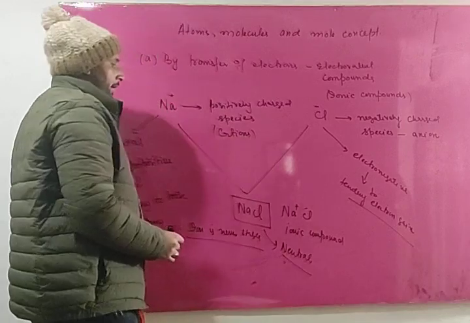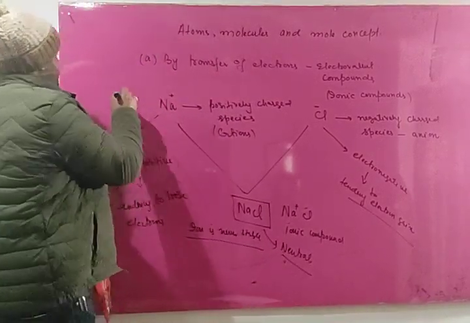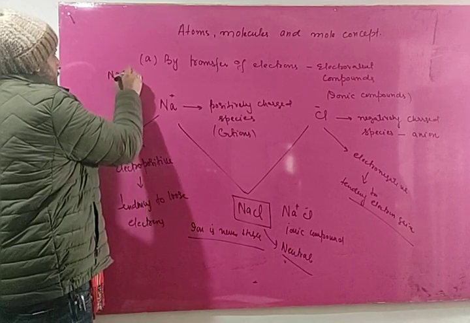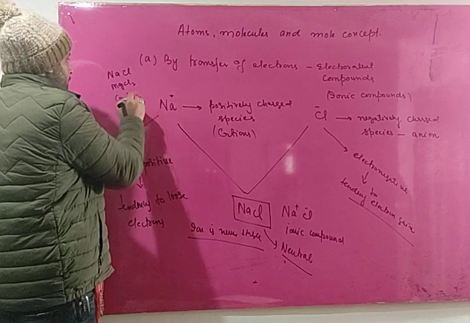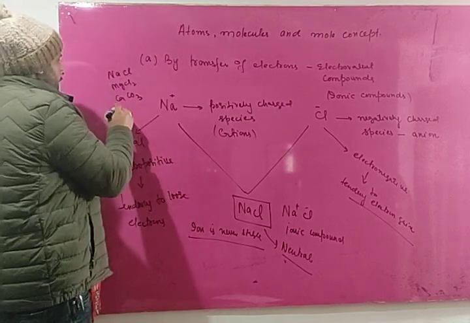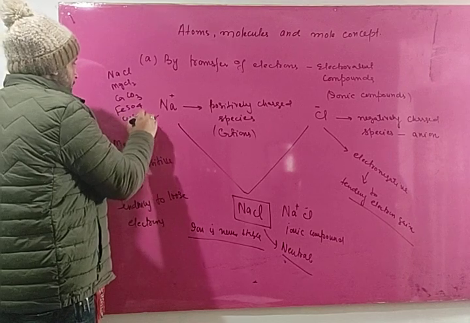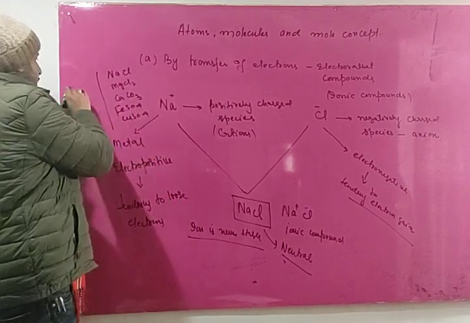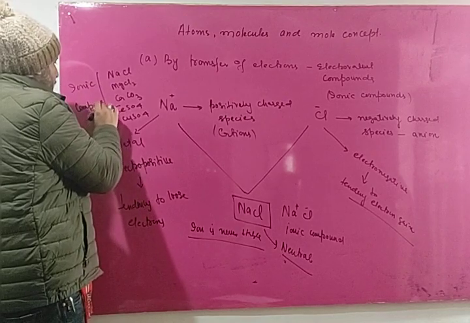All right, हमारे पास examples जो है they are in hundreds, thousands rather. Say for example we have NaCl, say for example we have MgCl2, say for example we have calcium carbonate, सोडियम क्लोराइड, मैग्नीशियम क्लोराइड, कैल्शियम कार्बोनेट, आयरन सल्फेट, कॉपर सल्फेट. These are all ionic compounds.